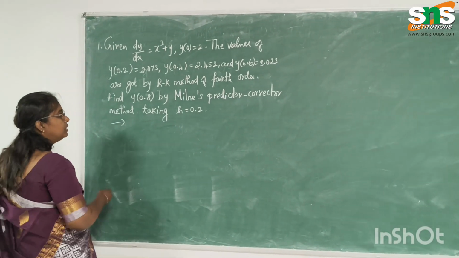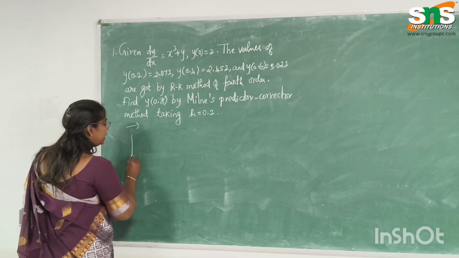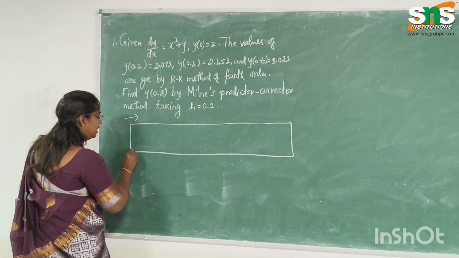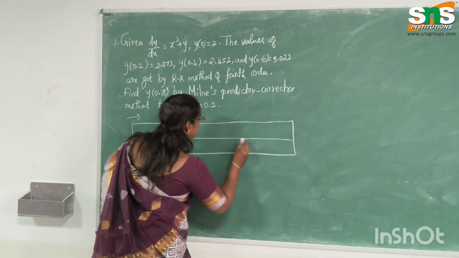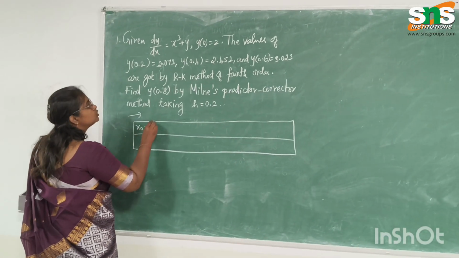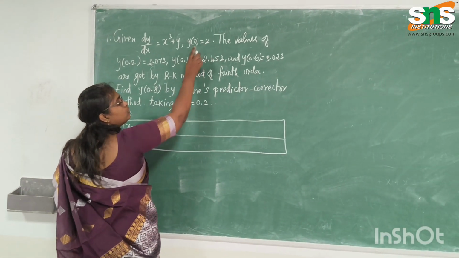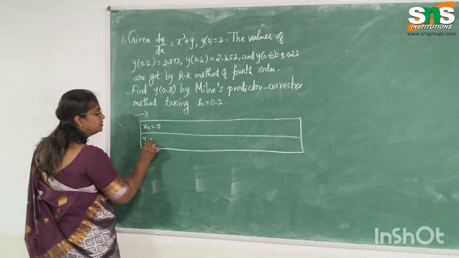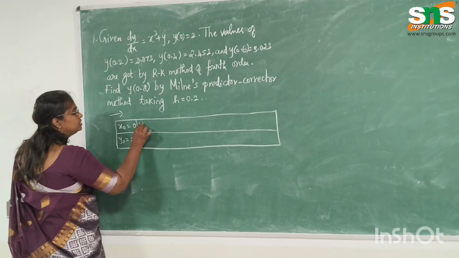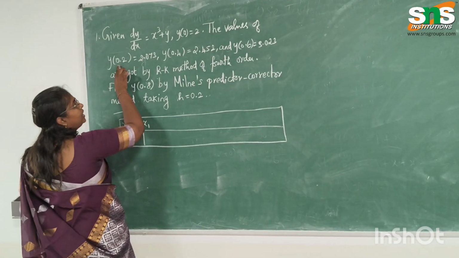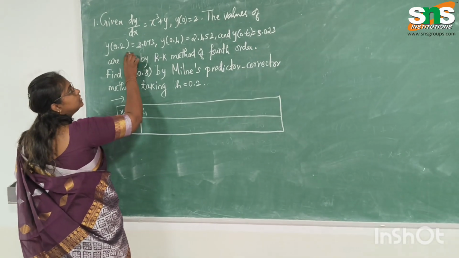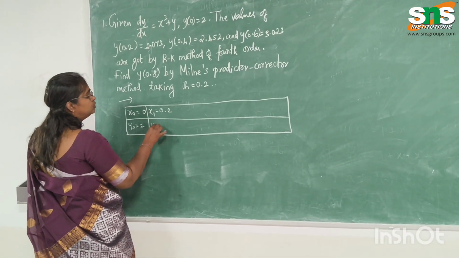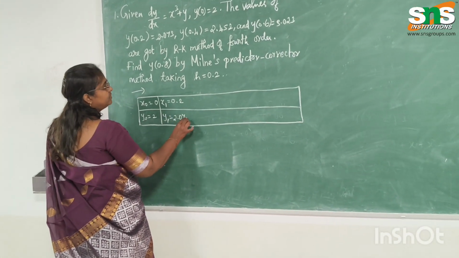For Milne's method, what are the given values? Take all the given values and put them in a tabular column. The first value: x0 is 0 and y0 is 2. The second value: x1 equals 0.2 and y1 equals 2.073. The next value, y of 0.4, is given: x2 equals 0.4 and y2 equals 2.452.